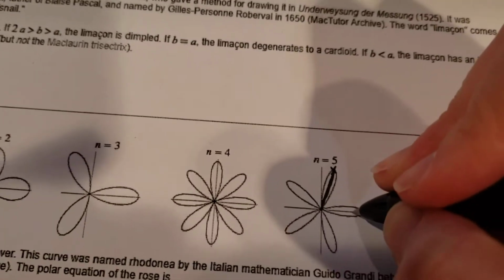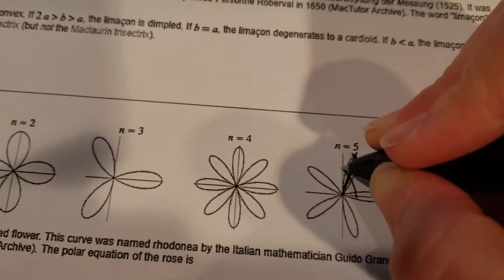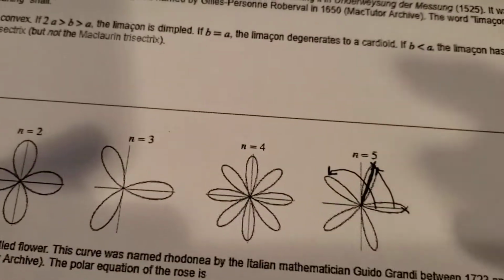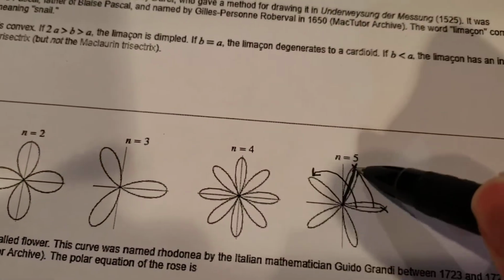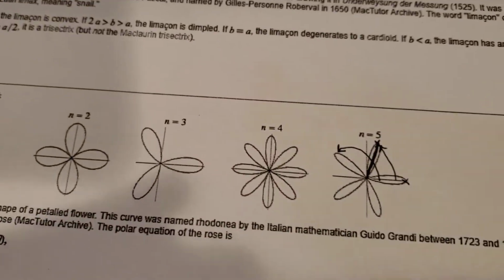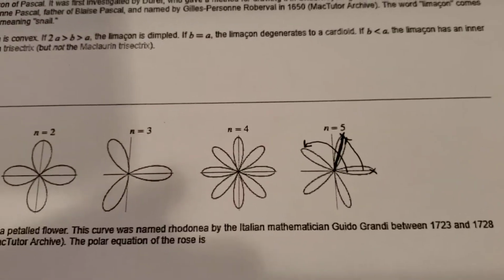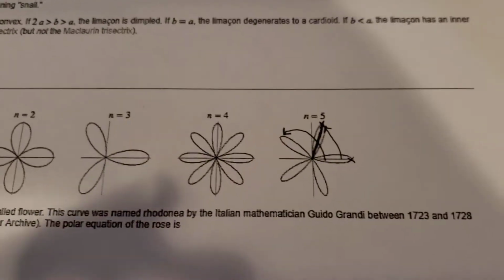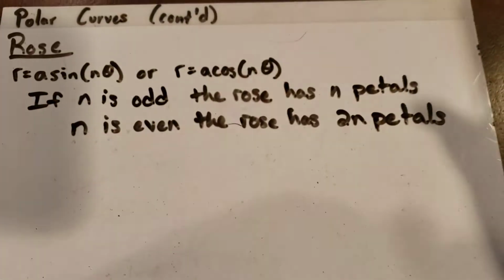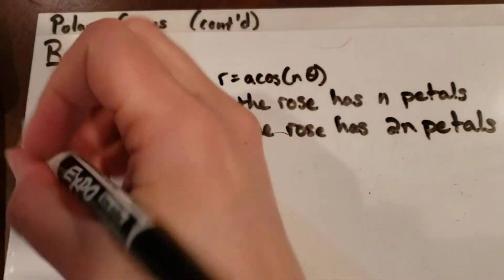So what is that angle? The angle at the tip of each petal. Then you'll be able to draw any rose as long as you know that information. So let's go back, and why don't we look at graphing?